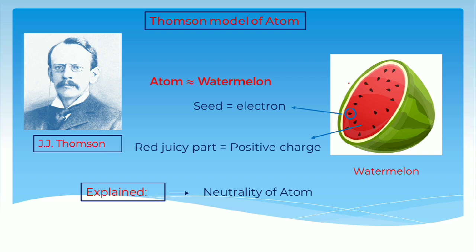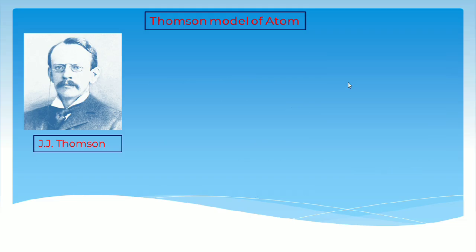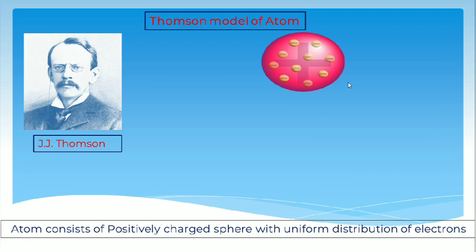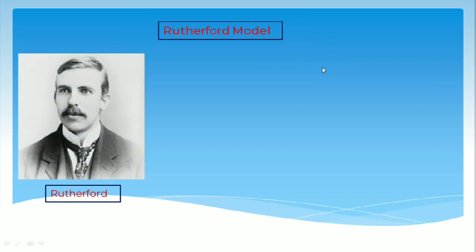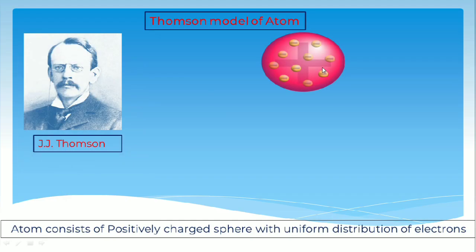Next he explained that electrons are embedded within the sphere. The positive and negative charges balance each other. So that's why he said that the atom remains electrically neutral.